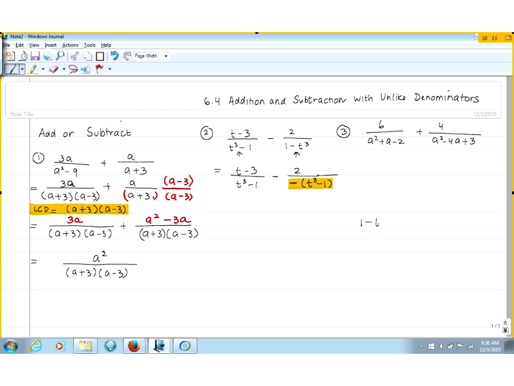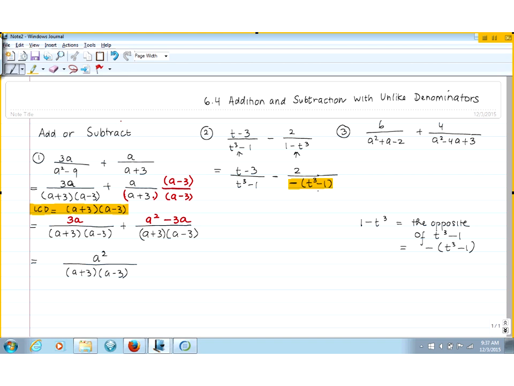What I'm saying is 1 minus p cubed is the opposite of p cubed minus 1, which is the negative of p cubed minus 1. That's why I wrote this. Did you see from here to here? I'm just substituting it.